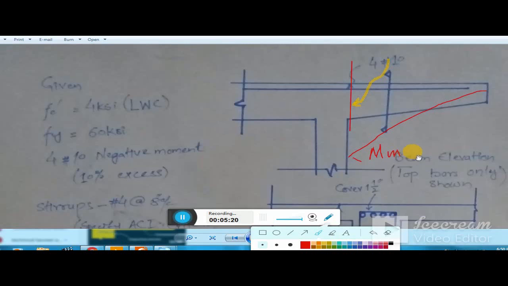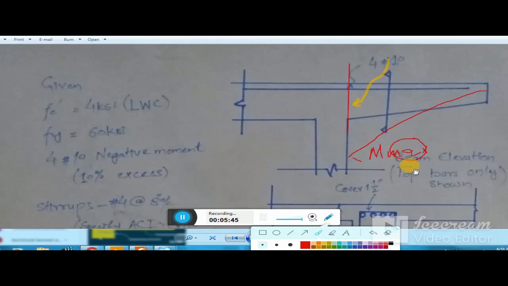Now the question is, if we are providing steel bars to support this moment, how much length of that bar must I embed into the concrete to support this moment?